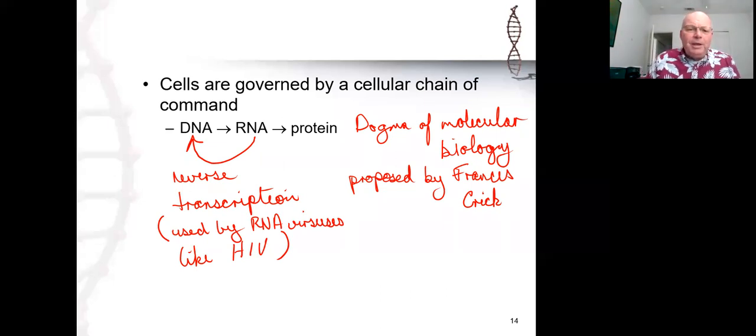This is an additional piece of the puzzle that we now recognize. What is ironic here is that the ability to go backwards, the reverse transcription, and the reverse transcriptase, the enzyme that does the reverse transcription, is actually part of the virus. It actually has the toolkit that allows it to make the DNA copy of itself.